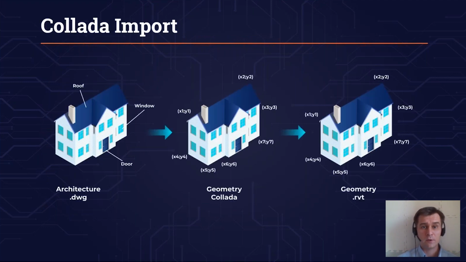We also have an import feature, the import from Collada to a Revit file, and we will illustrate this possibility as well, but we will make this example a little bit more interesting. We will take an architecture DWG model, export its geometry to Collada, and then we will import this geometry data in Collada format to a Revit file and see the result.